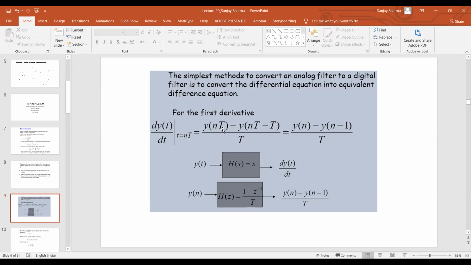Now, y of nT we can always write as y[n], for simplicity.